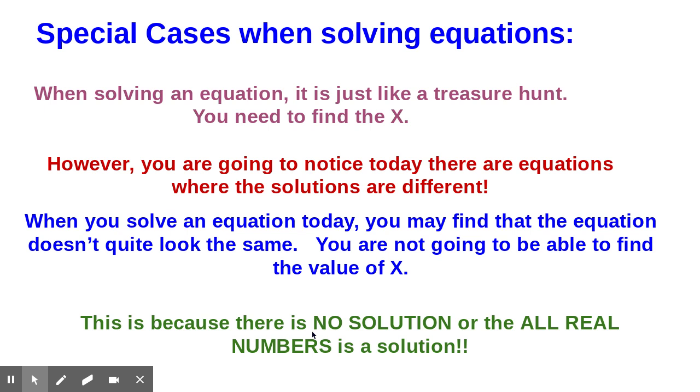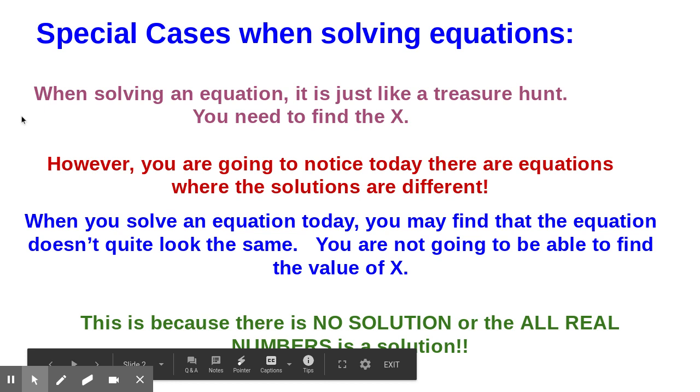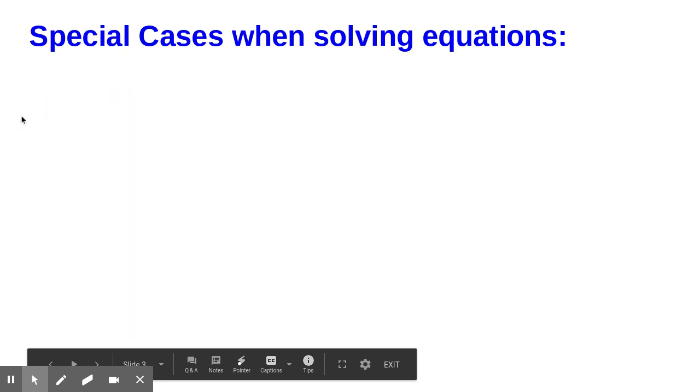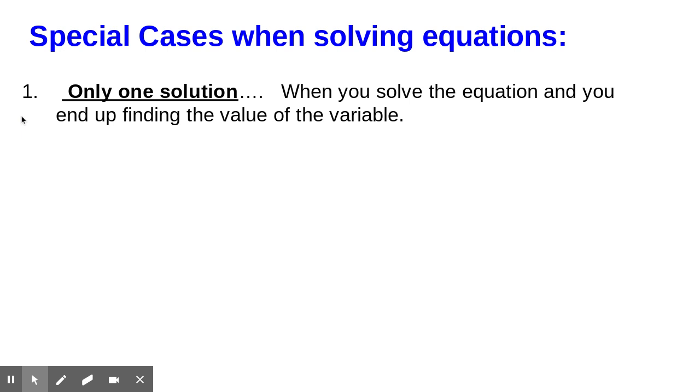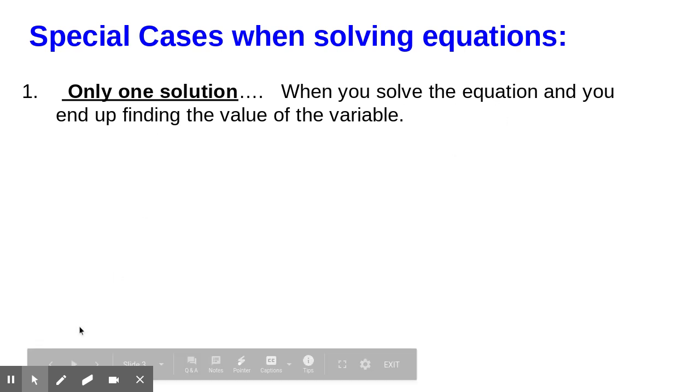I know this might seem really confusing right now, but let's take a look at the special cases that we are going to see today. When we solve the kind of problem we're used to, we always got one solution, where you solve the equation and end up finding the value for the variable.